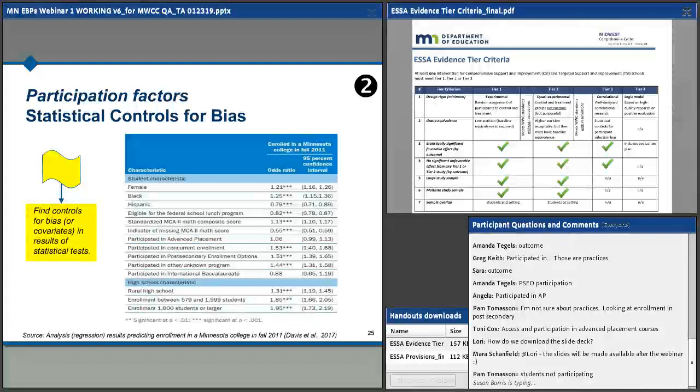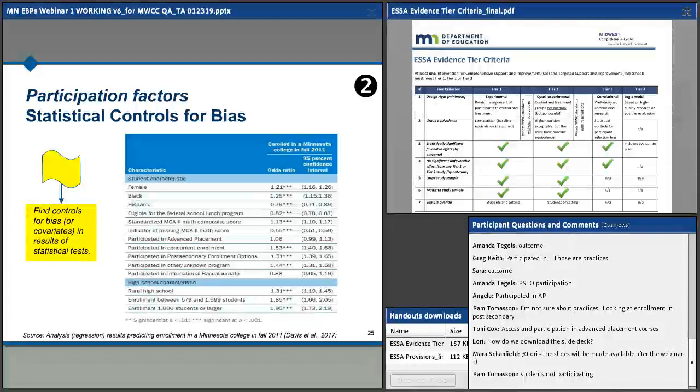We've already pointed out in this results table what the outcomes might be and what the practices might not be. So I'll clarify one thing.